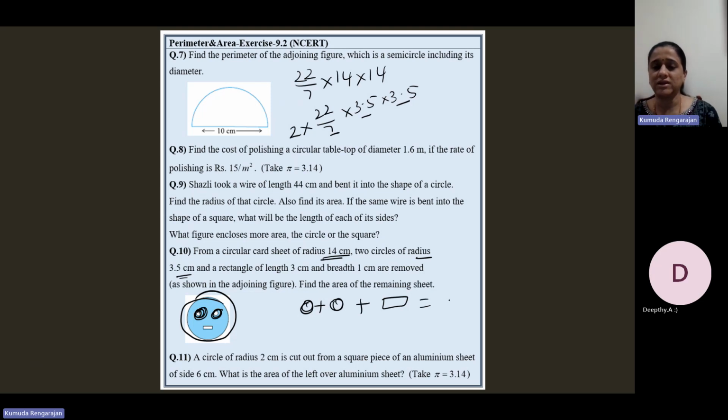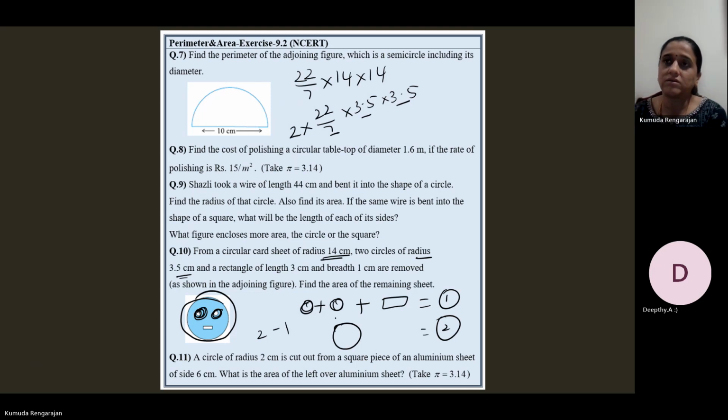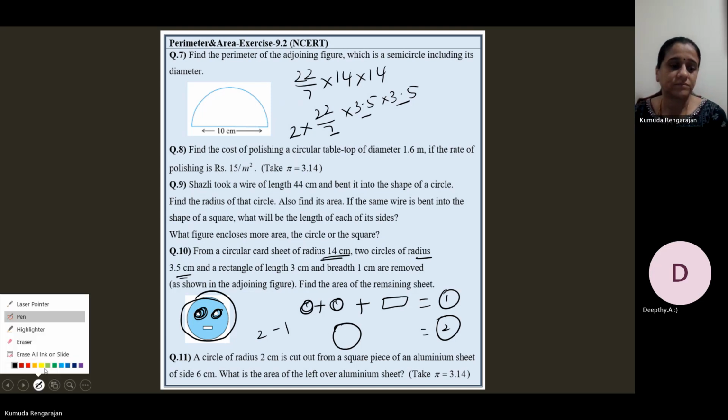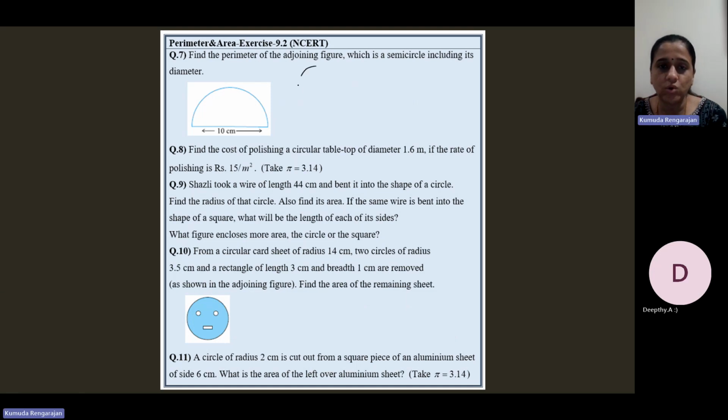So you get an answer. Let me just call it 1. And then you have the area of the circle. Let's call this 2. So 2 minus 1 will be the area of the remaining sheet. Find the area of the whole circle, we'll just say that is A. Find the area of each of the small circles and the rectangle and add the areas.